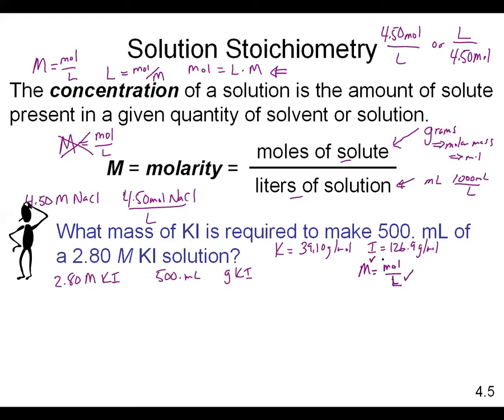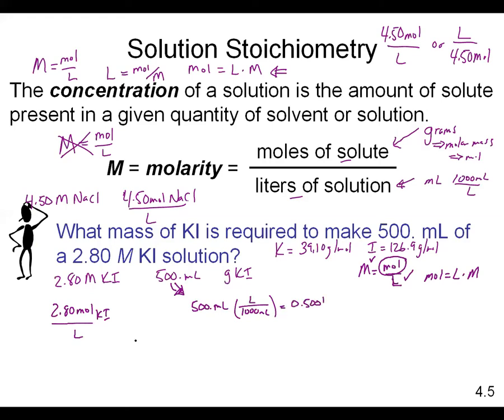So you could solve for moles. And again, moles would equal liters times molarity. I would take that 2.8 and convert it into moles per liter of KI so you can see both units. And we do need to convert our milliliters here into liters. So again, 500 milliliters, we're going to divide by 1,000. And that's going to give us 0.5 liters.